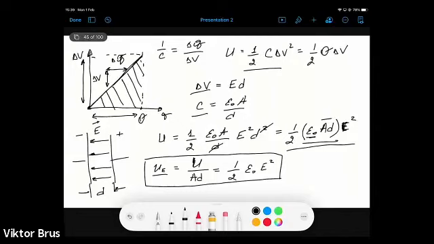So this is the concept of energy of electric field and its dependence on the magnitude of electric field vector. Keep in mind that this is quite interesting also for practical application, accumulation of energy in capacitors.